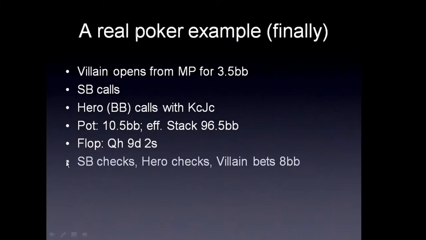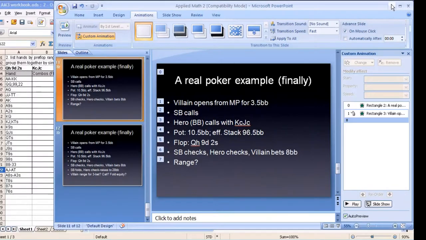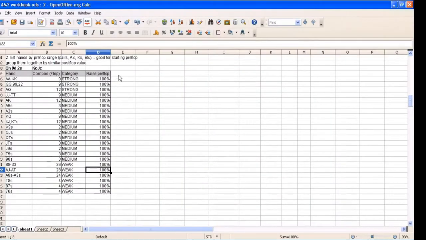So now we can continue on with our example. On the flop, small blind checks, we check. The pre-flop raiser, who was last to act, bets 8 big blinds. So now we want to create his continuation betting range. In order to do that, we can add a cbet.